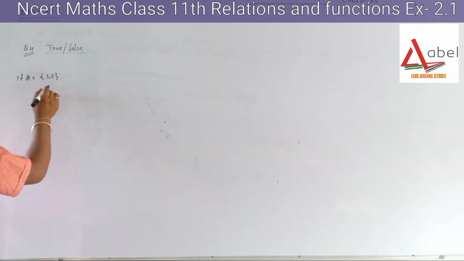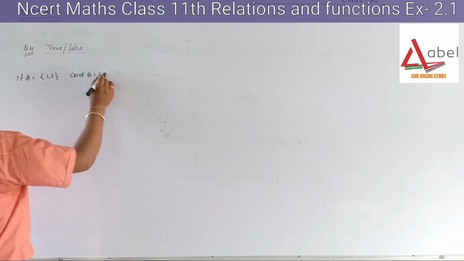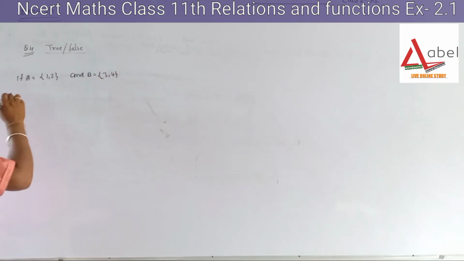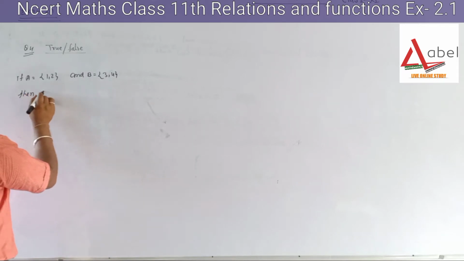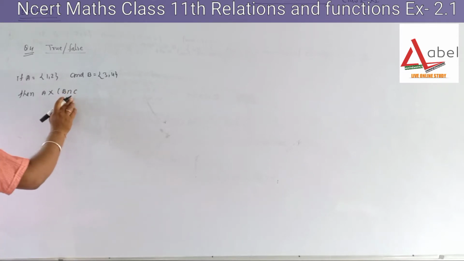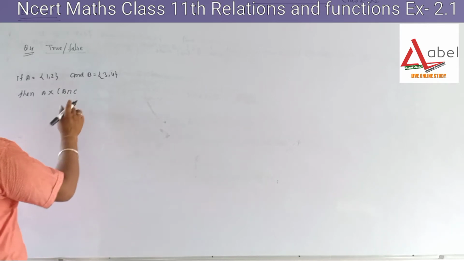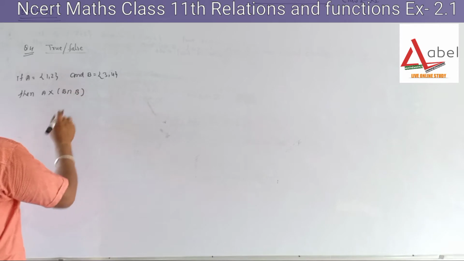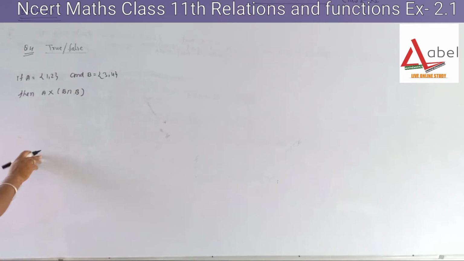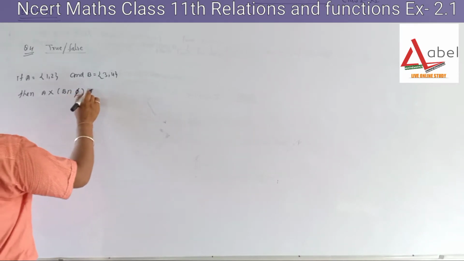A equals {1, 2} and B equals {3, 4}, then A cross B intersection... B intersection phi equal to phi.